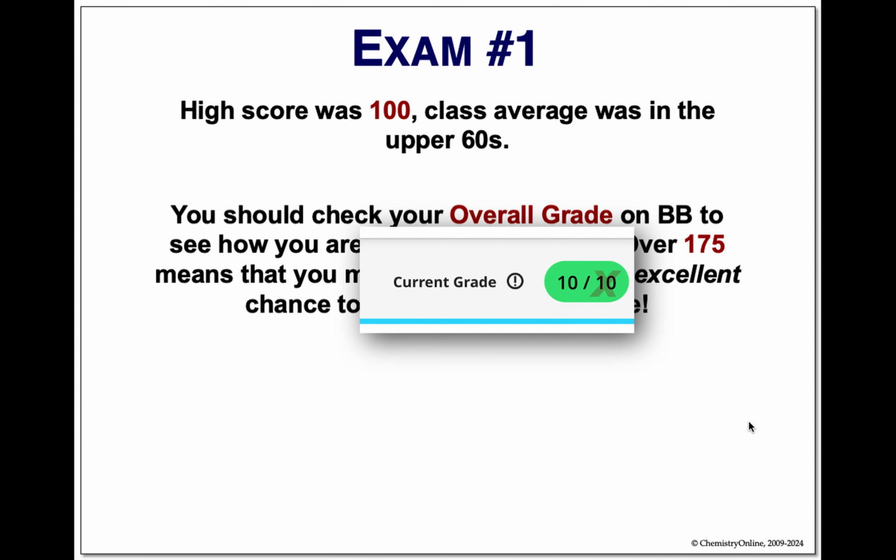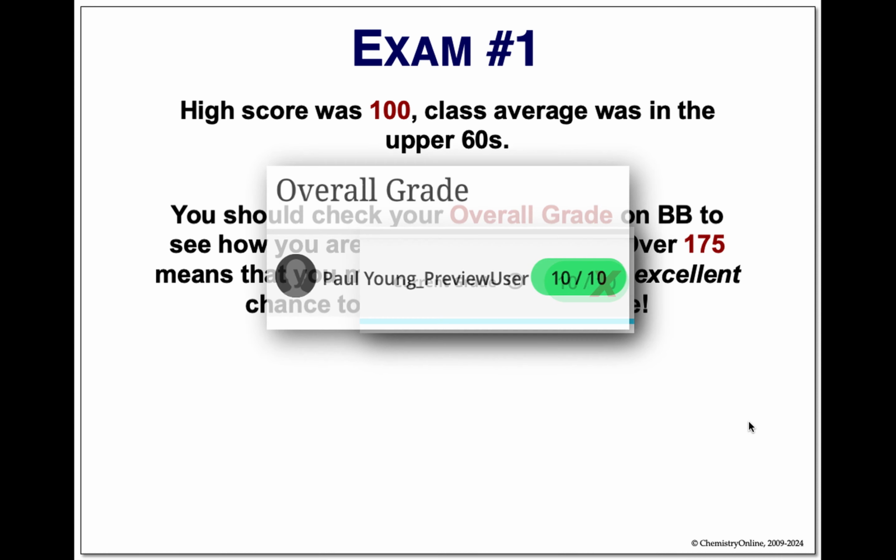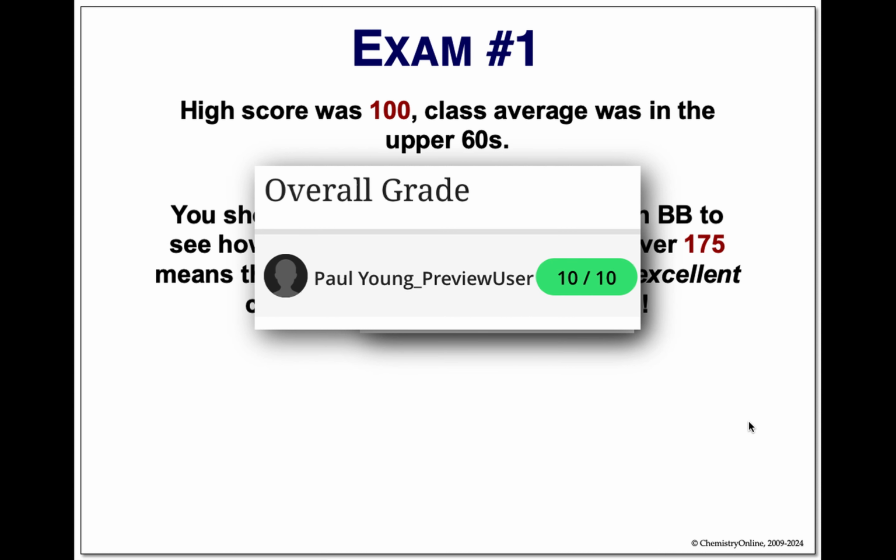Just ignore that, please. You're looking for the first number. But to get overall grade, what you do is click on the little green shape, and that'll open. And now you can see what is the real grade. Again, ignore the second. Overall grade is what you want. Again, if you're 175 or more, you're doing well.